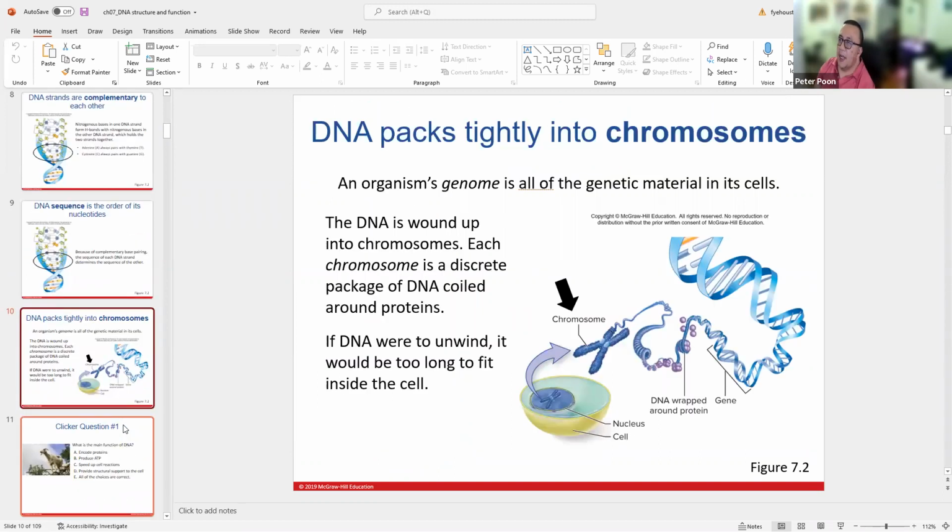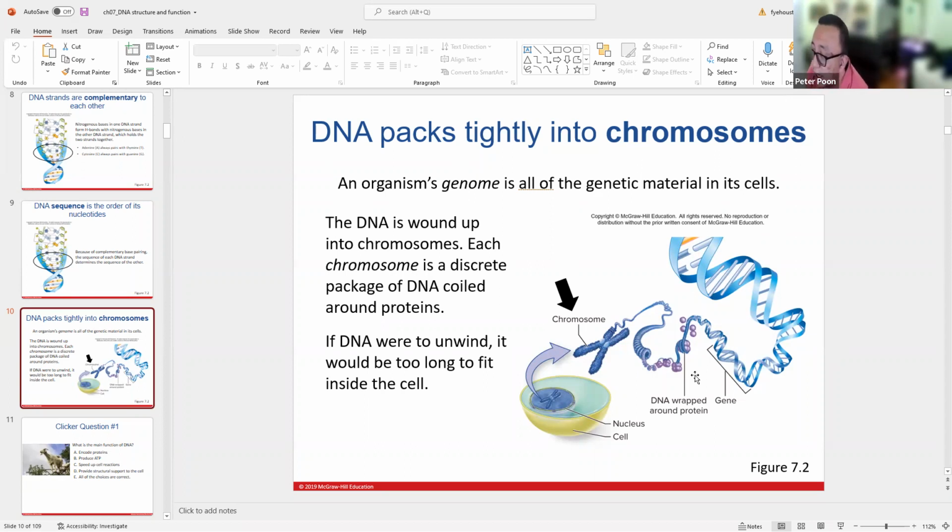DNA is tightly packed into chromosomes. An organism's genome is all the genetic material in its cells. All DNA is packed into chromosomes. If it were completely unwound, it would be too long to fit inside the cell and too floppy, so we need to keep it organized.